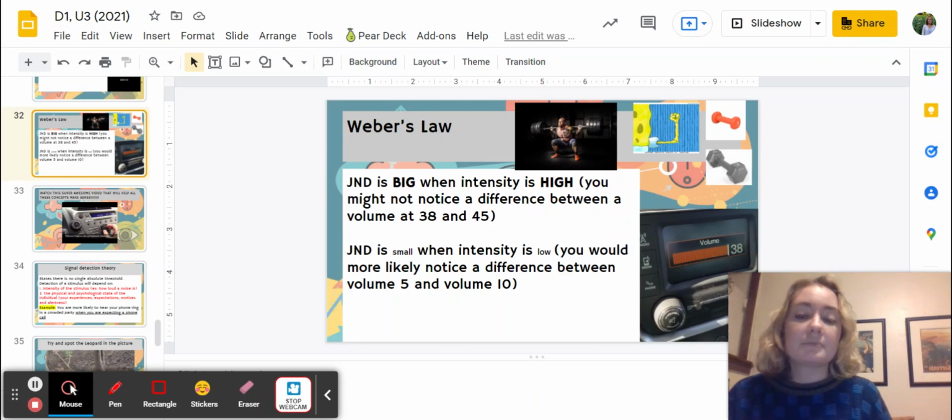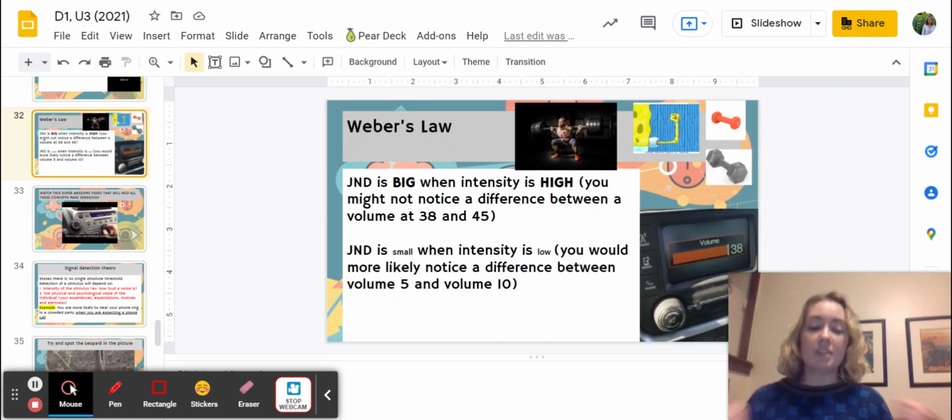So that's what this says. When the intensity is high, like you're already lifting really heavy weights, you're not likely to notice a difference. It's going to take more for you to notice, right? You're going to have to add on like 15 pounds at your 100 pounds. But when the intensity is low, the just noticeable difference is smaller.